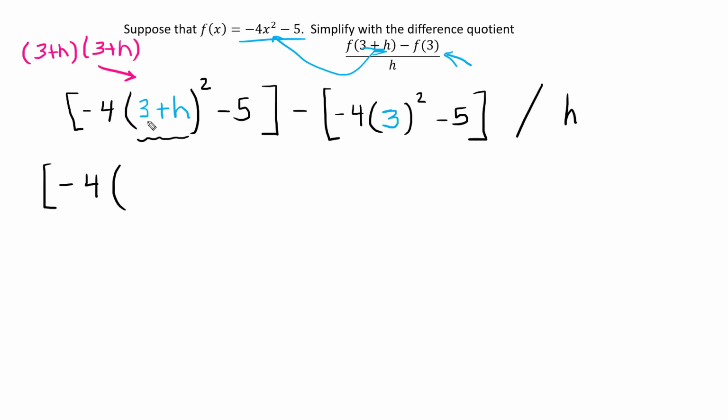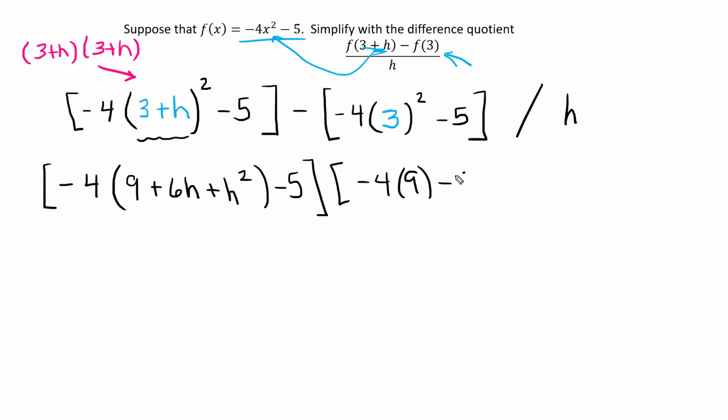But the shortcut is you take the first number and you square it, 9. Then you take these two and add them, 3h, and you double it, so plus 6h. And then finally you square the last value, so h squared, and then minus 5. And then here I can do a few steps: 9 minus 5, and then all over h.